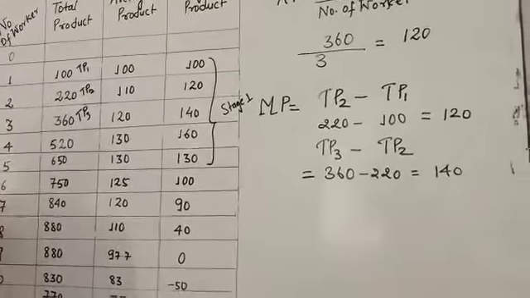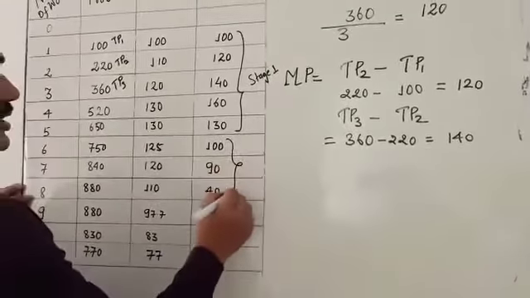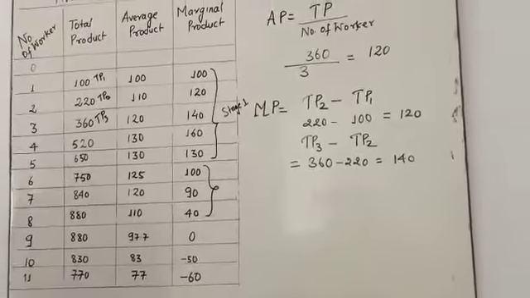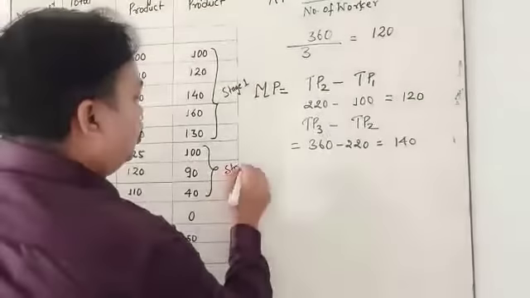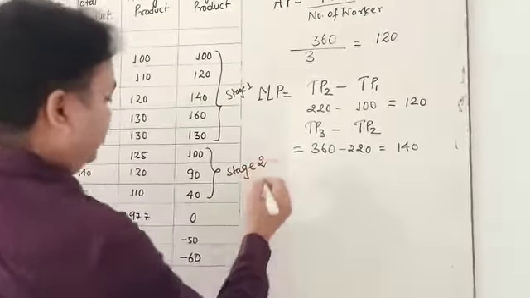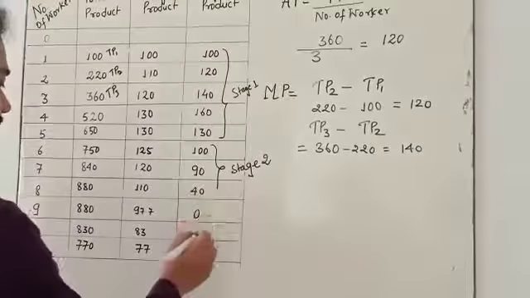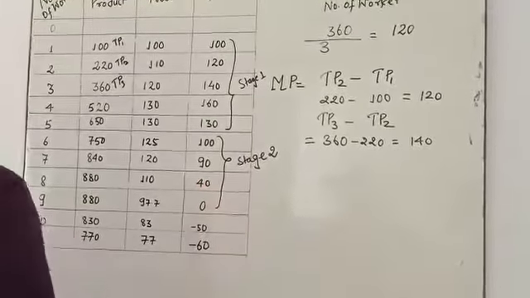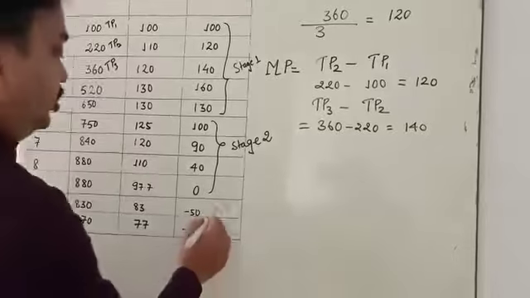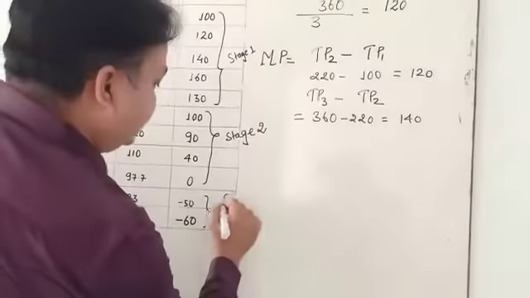From 6 to 8, you have to see that this level is called stage 2. This is called stage 2. This also comes under stage 2, my dear student. Okay. And these two levels are called stage 3.